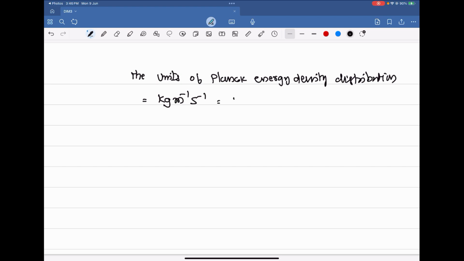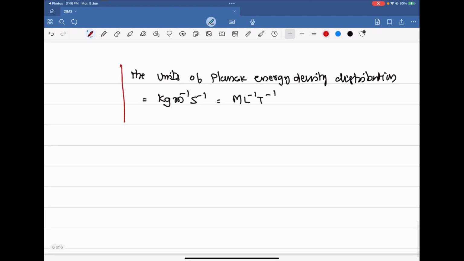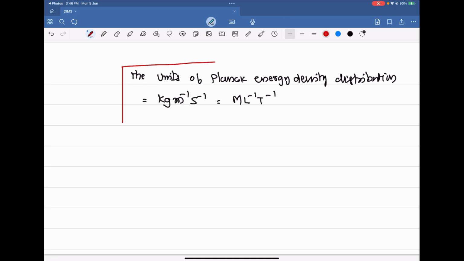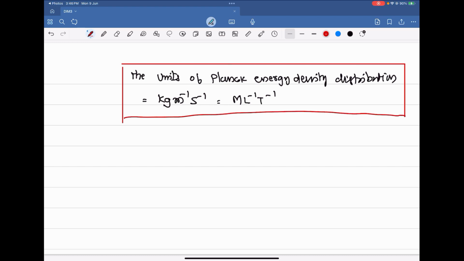That is equal to M L to the power of -1 T to the power of -1. Instead of by-hearting the values, we have spent some time to understand the meaning, and from there we have derived it.